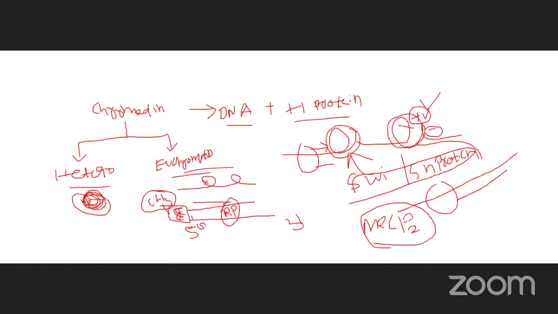Next, the third one, control of eukaryotic transcription factors. What are the transcription factors? For example, take the transcription enzymes first: RNA polymerase 1, RNA polymerase 2, RNA polymerase 3.